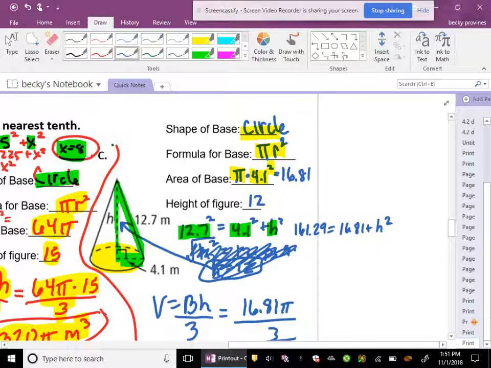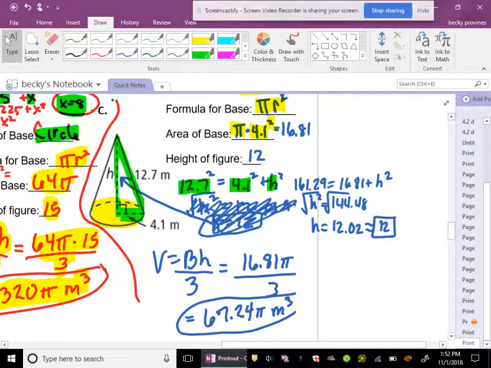So let's subtract. Okay, so h squared is 144.48. And then lastly, I'm going to square root it. And when I square root both sides, I get 12.02. And, you know, if you go to one decimal place, that just goes to 12.